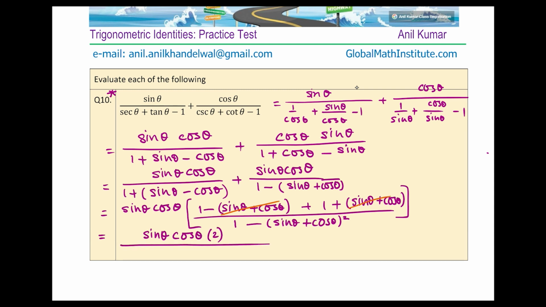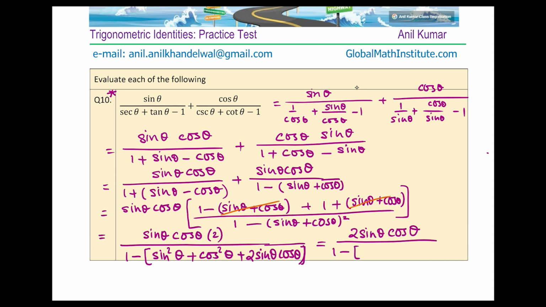Divided by, we have 1 minus, let us expand this. We get sine square theta plus cos square theta plus 2 sine theta cos theta. Clear? So in the numerator, we have 2 sine theta cos theta, and in the denominator, we have 1 minus, and within bracket, sine square theta plus cos square theta is 1 plus 2 sine theta cos theta.